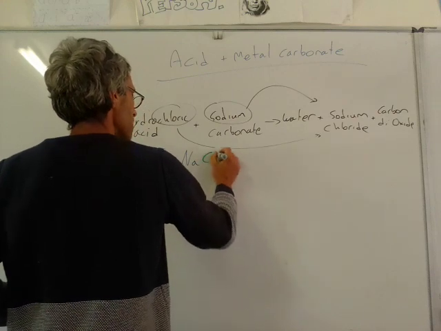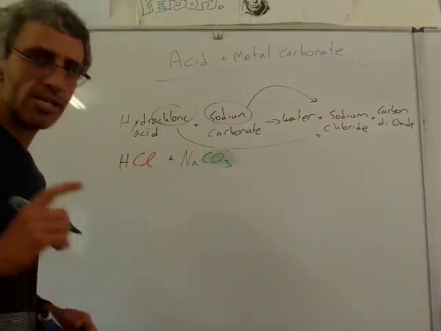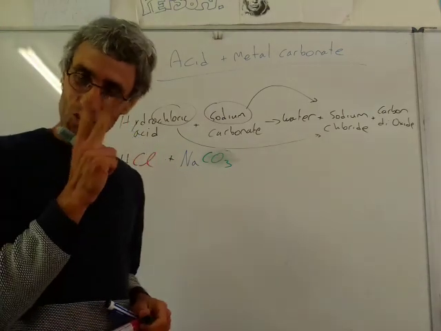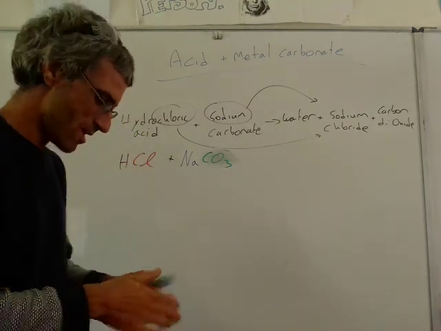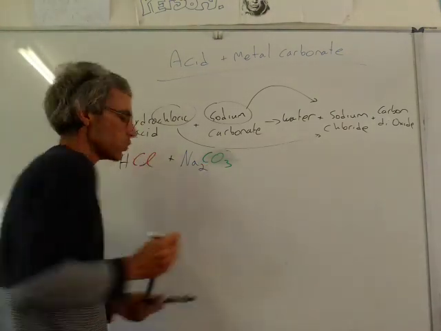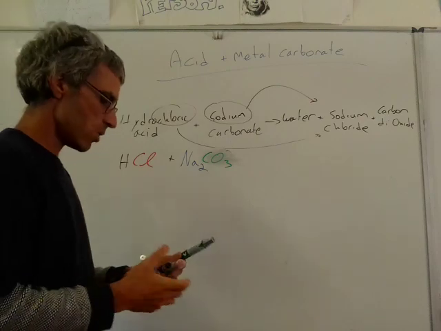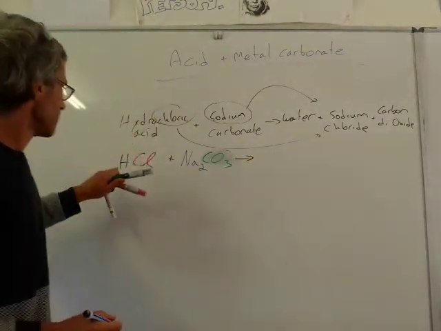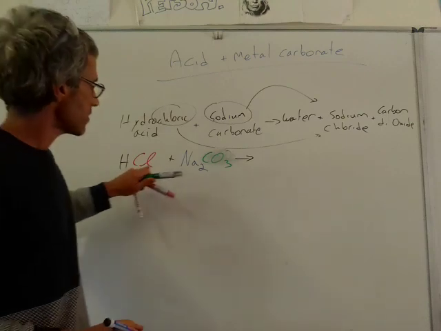sodium carbonate, CO3. Now, CO3, this is where the ions kick in. You've got to remember it's charged minus, and Na is only charged 1 plus, so we need an Na2CO3. Now, what are we getting? Check it out. The H comes together.